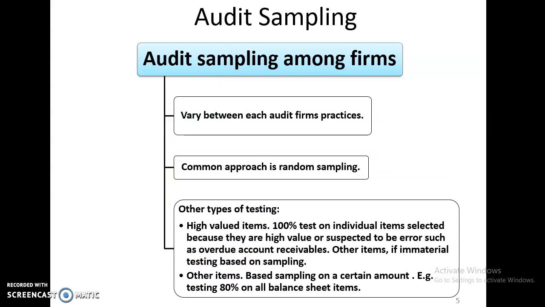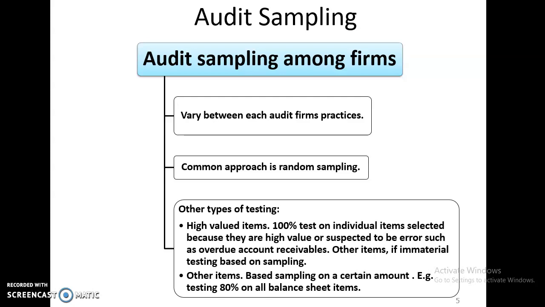Okay, audit sampling itself varies among firms. Much larger firms perhaps use a lot of computerized information systems, and for that reason, the approach that we are going to take to select the sample will be different. But for small firms, most of the time we will perform non-statistical sampling.